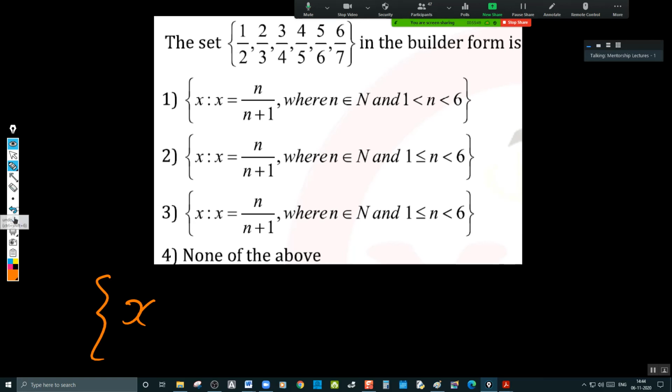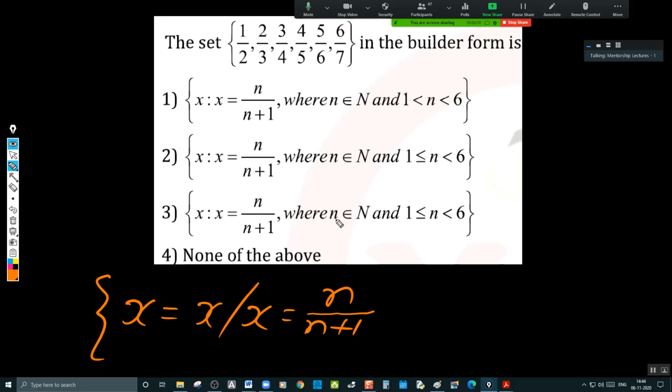We can write x such that x is equal to, I'll take the numerator as n and the denominator and numerator have a difference of 1.